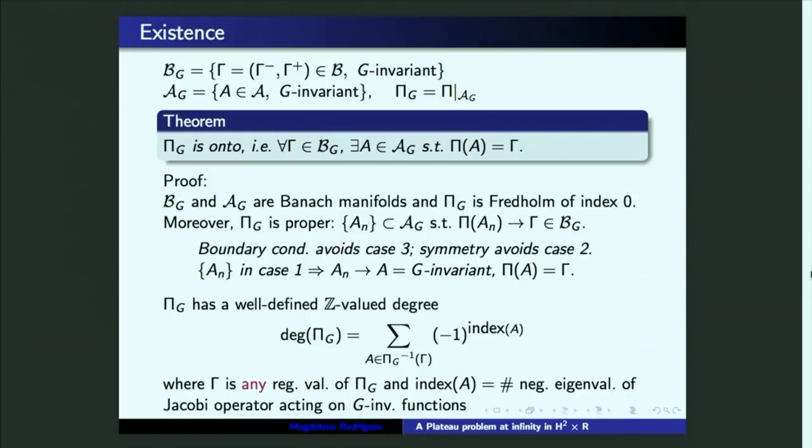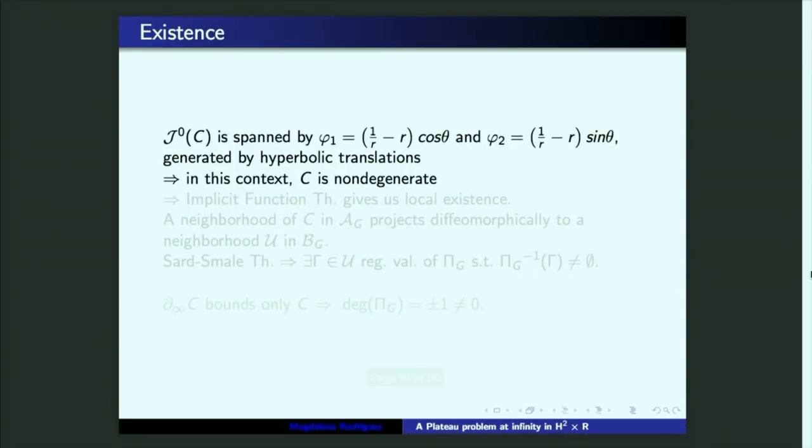So first, let's prove that there's some regular value in such a way that the pre-image is non-empty. Take the catenoid we fixed at the beginning. Since you are killing all the decaying Jacobi functions, what you are saying is that it's non-degenerate.